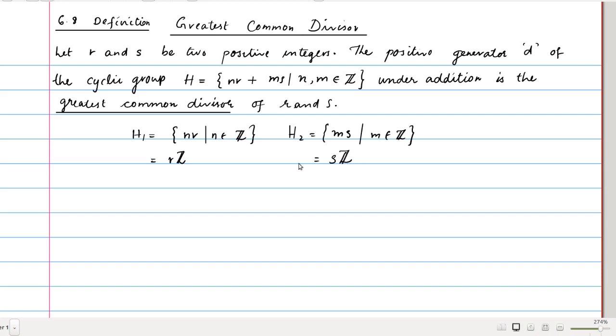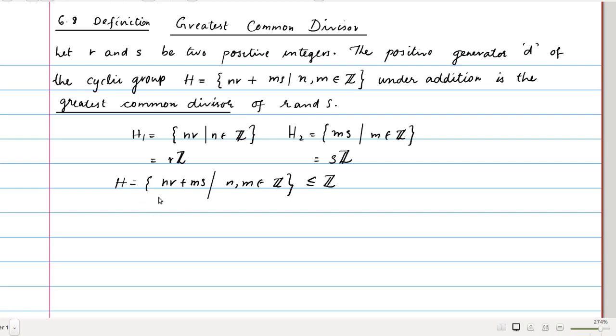These are two subgroups of Z. Then you can easily prove that this H, consisting of the elements nR plus mS, where n, m belongs to Z, is also a subgroup of Z.